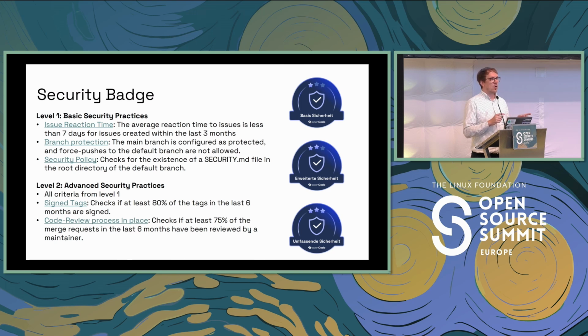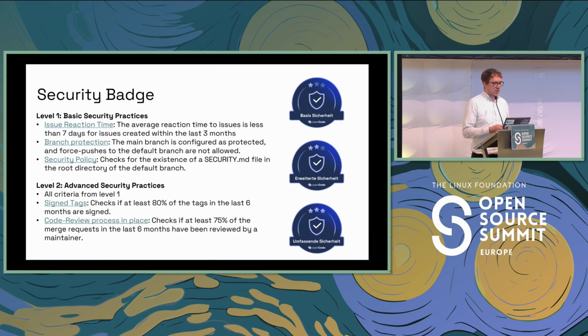Some weeks ago, we launched the first two levels of a security badge on the OpenCode platform, which we will complete by the end of the year with a security level 3 badge as well, which we're currently working on. In the base level, it's again about issue reaction time, because issue reaction time is around maintenance, but also around security.